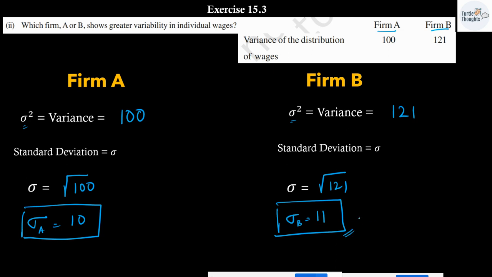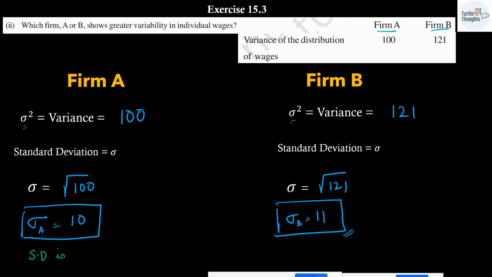Since firm B has greater standard deviation, I can tell that firm B will be having greater variability in individual wages, right? Hence, I can tell standard deviation. Over here, let me write down.